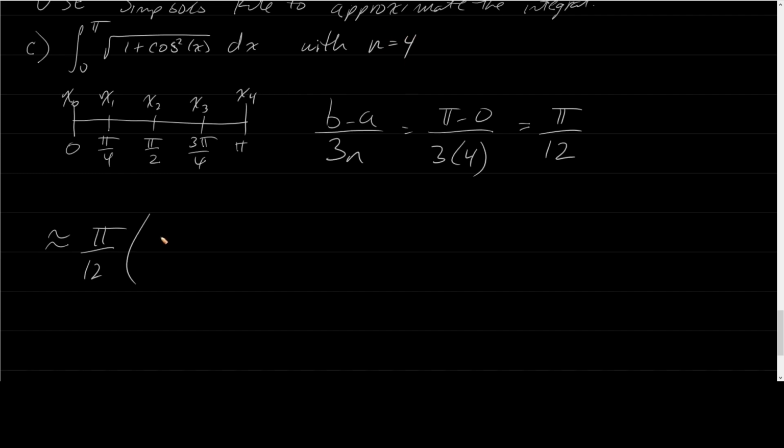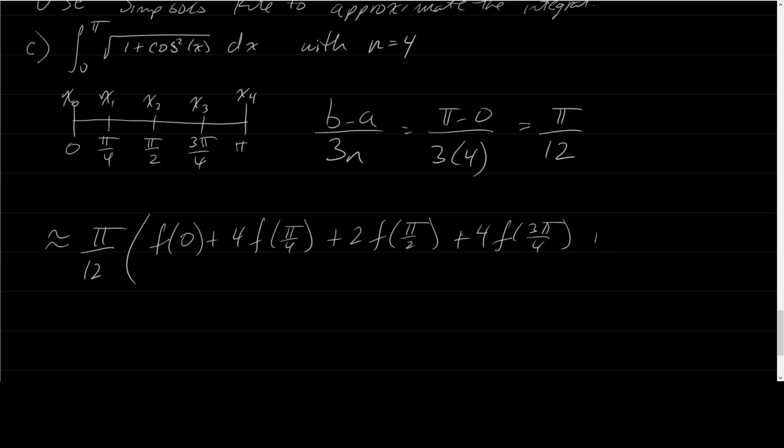So we're going to have f of 0 plus 4 times f of pi over 4 plus 2 times f of pi over 2 plus 4 times f of 3 pi over 4 plus, our last one, f of pi.